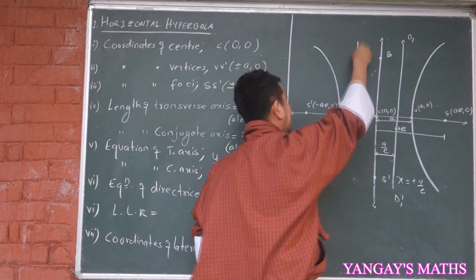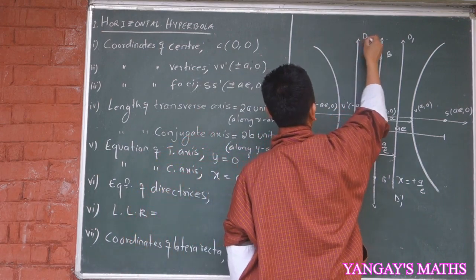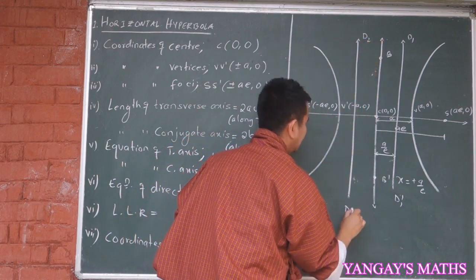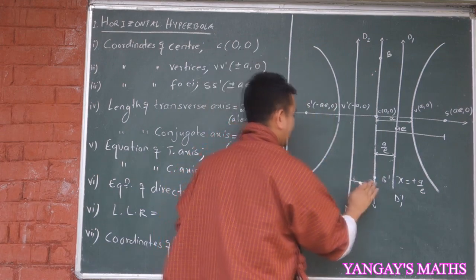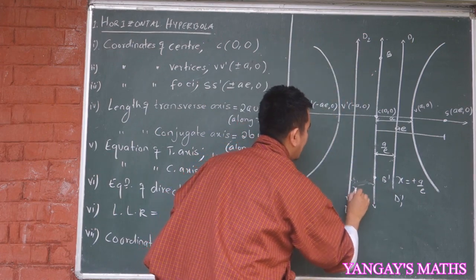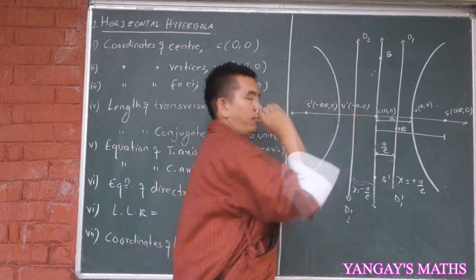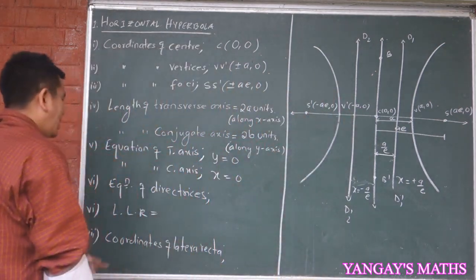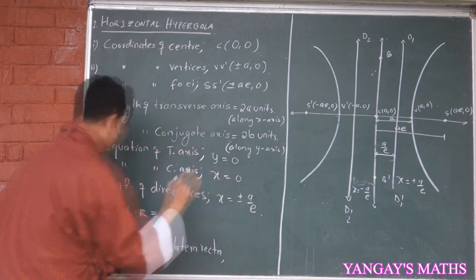Similarly, let me draw another directrix here, say d2 dash. The distance from the center to here, as usual, is a by e. Now what's the equation of this one? The directrix equation will be x is equal to negative a by e. So now we have x is equal to plus or minus a by e.